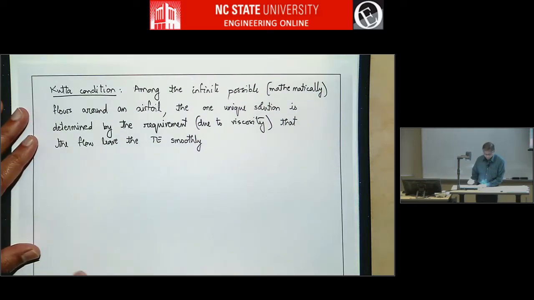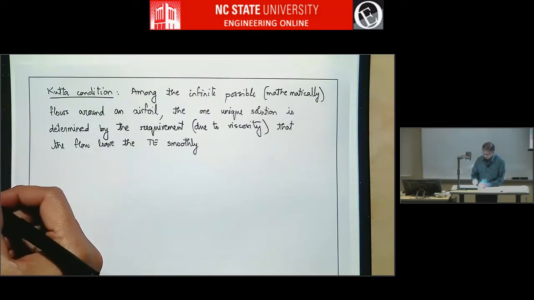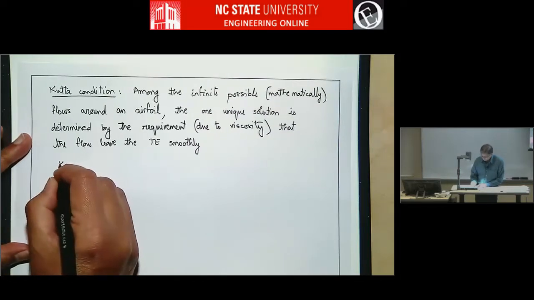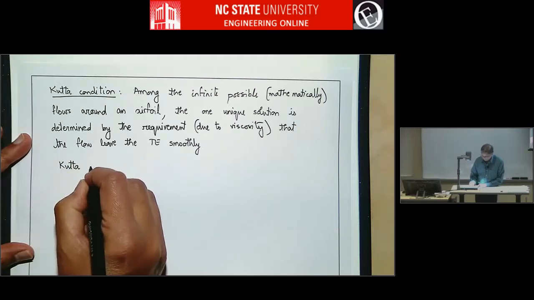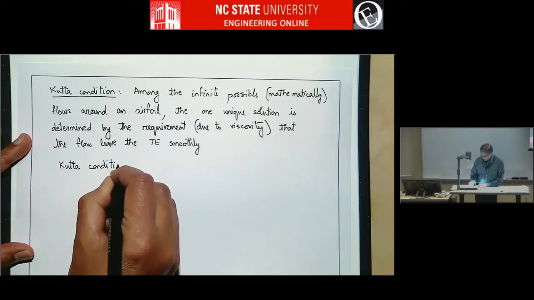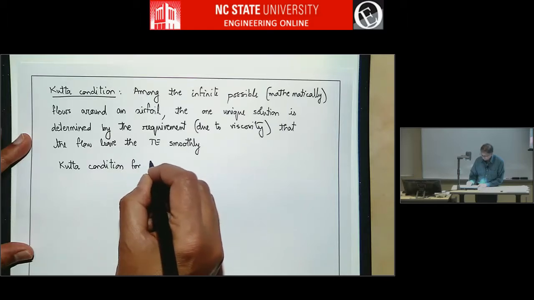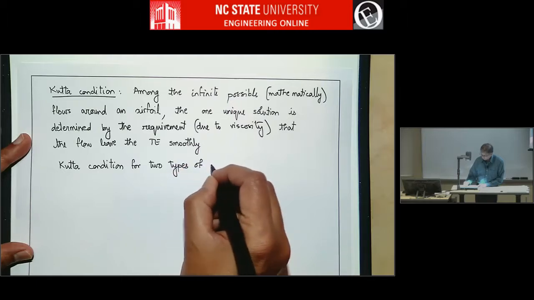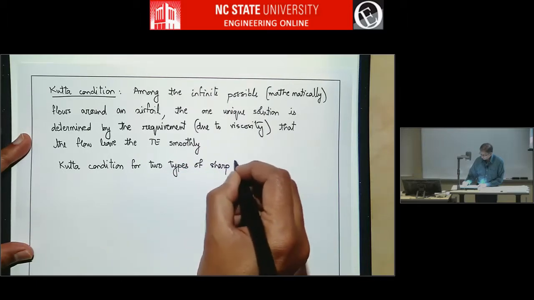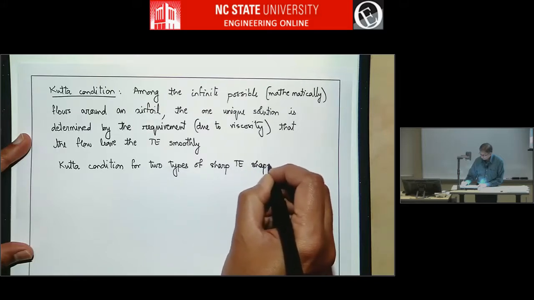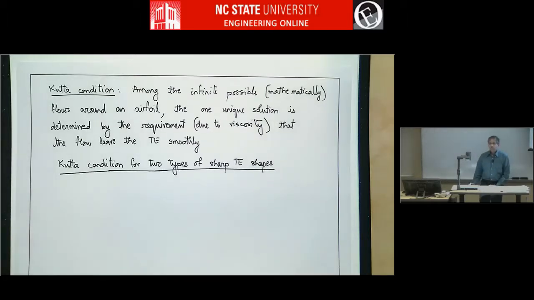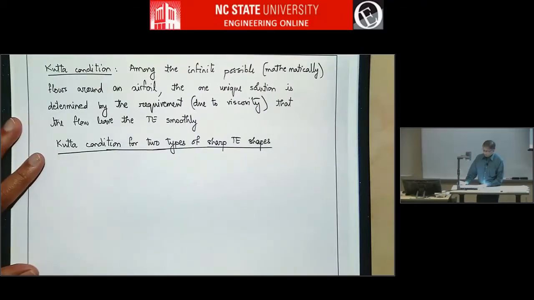So there are actually two flavors of Kutta condition for two different shapes of trailing edges. Sharp trailing edge shapes can be broadly of two types.